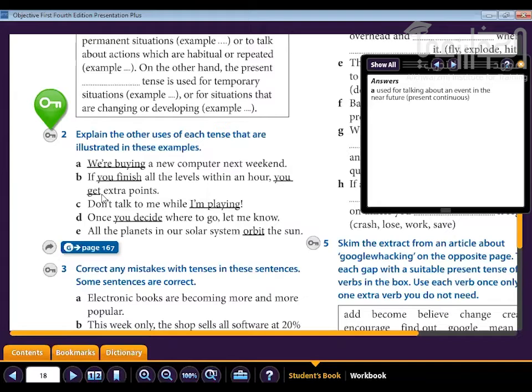We have other conditionals, like if we use the simple present in the if clause, and we use will or shall in the main clause, we call that one the first conditional. So we have zero, first, second, and third conditionals. Zero conditional is when we use simple present and simple present again, finish and get.